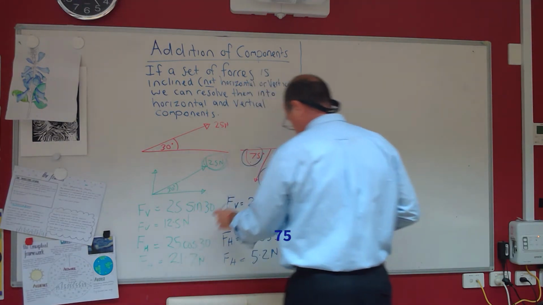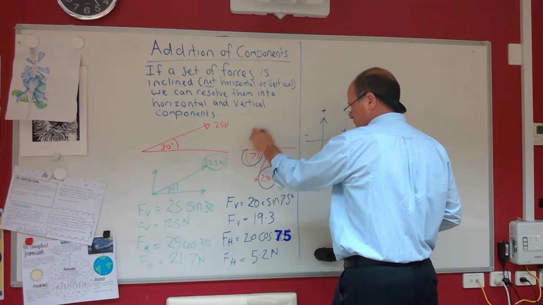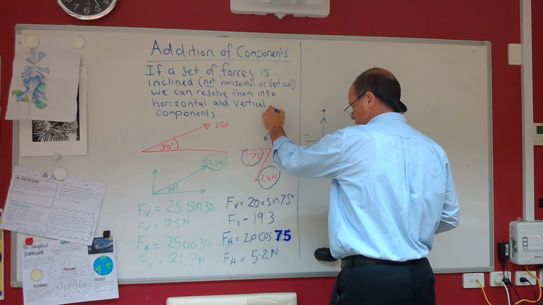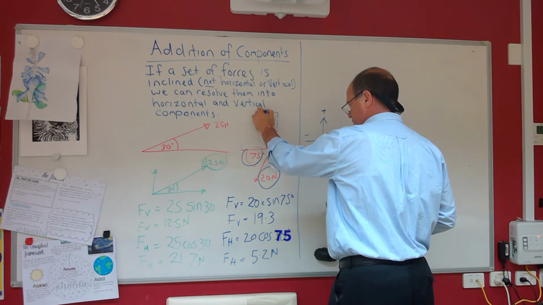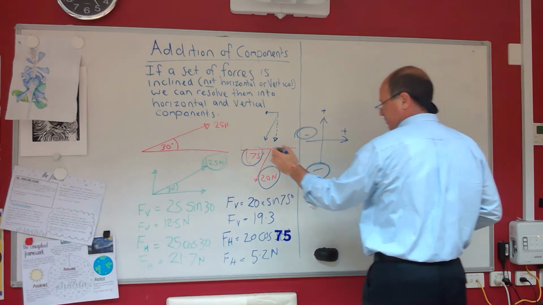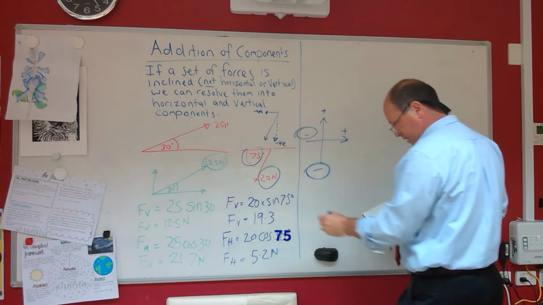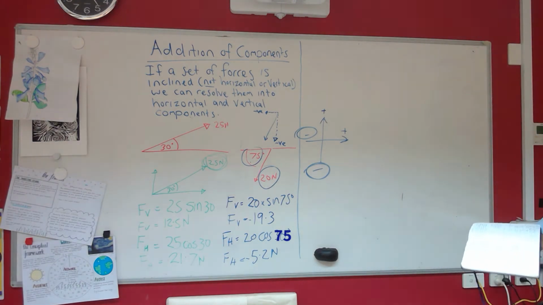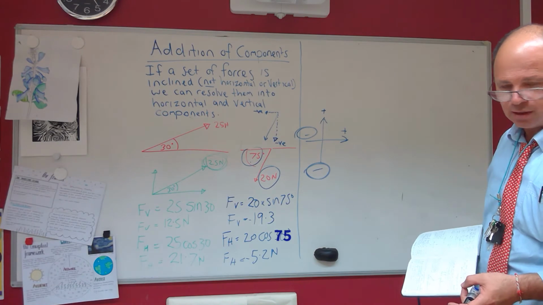So all these values should be positive. But this one here is going down. If I were to break this down into its components, we would have a component going straight down and a component going to the left. Down is negative, to the left is negative, so both of these values are negative. We should put those in, because if we don't, when we're calculating our resultant, we're going to get it wrong.